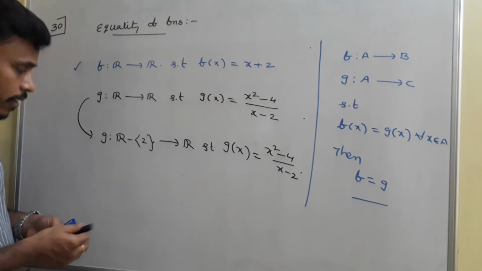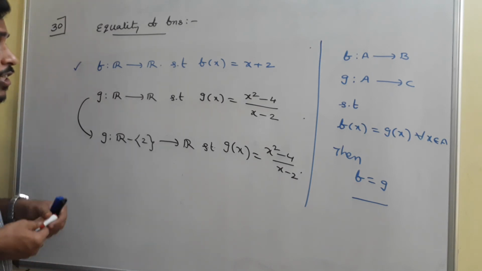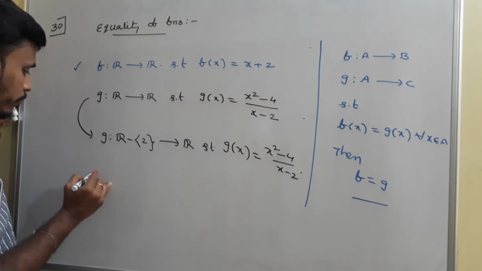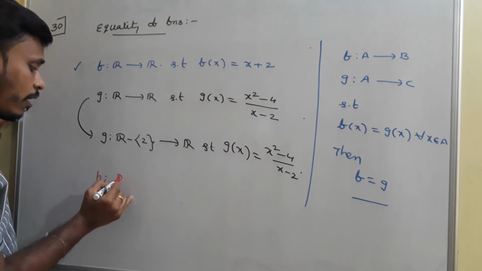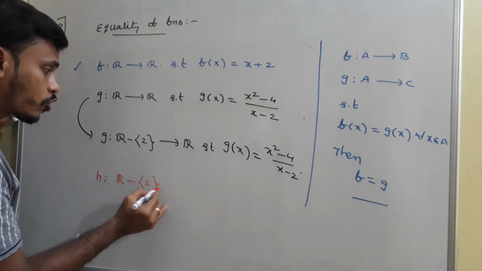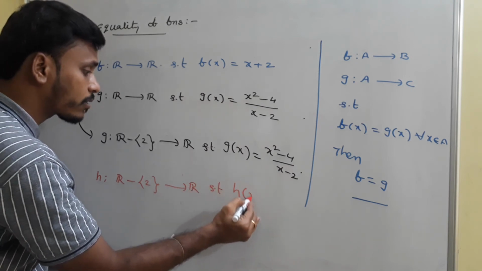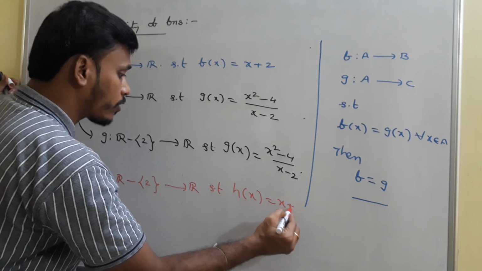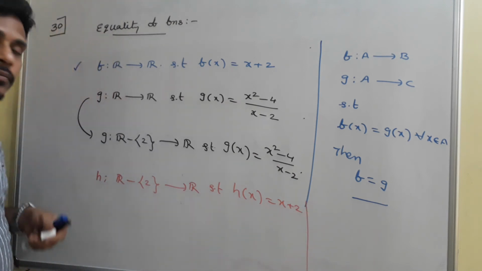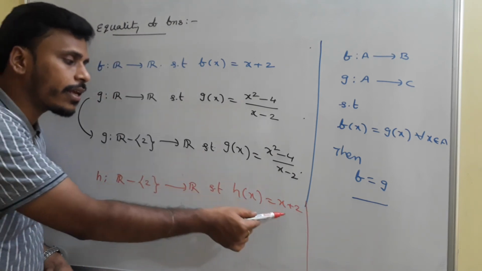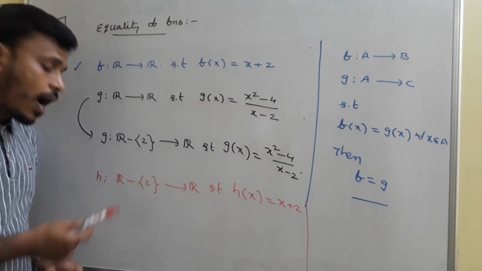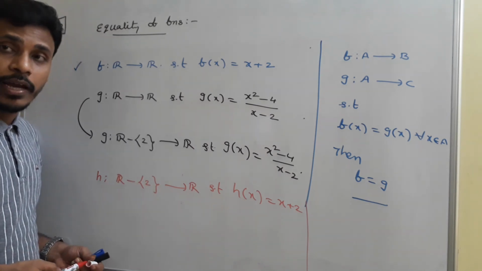Okay, right. Suppose I take another function h, from real numbers minus 2 to the real numbers such that h of x is equal to x plus 2. Now just think about it. h has the same definition, x plus 2, and the domain is again real numbers minus 2.